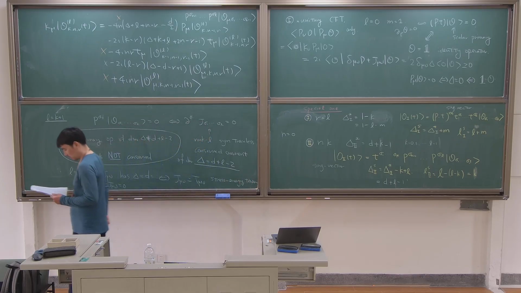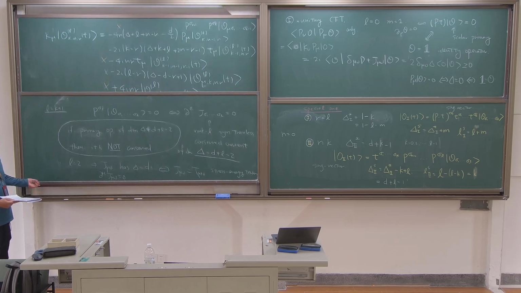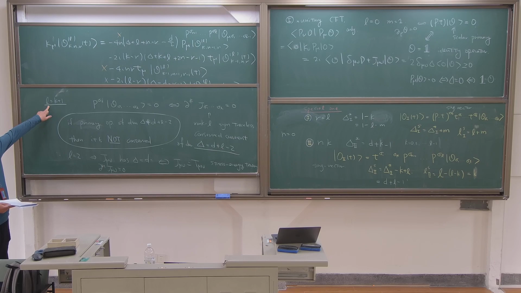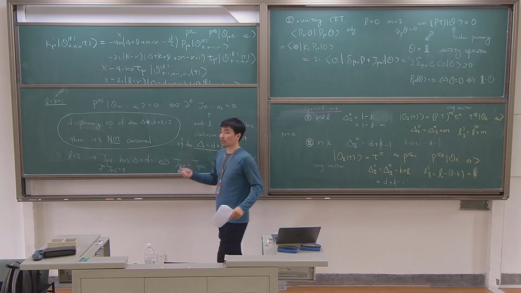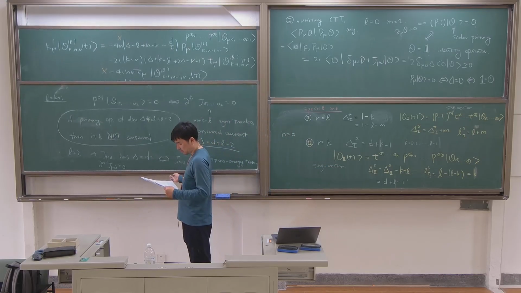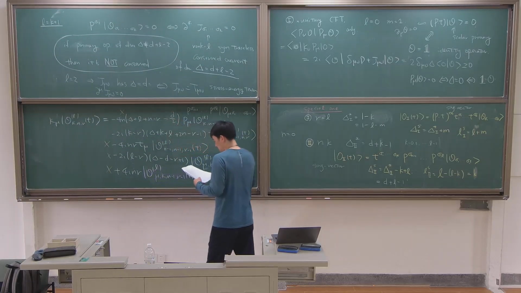So once we set L equal to k plus 1 for this singular vector, that gives you the conservation of the current in a CFT.